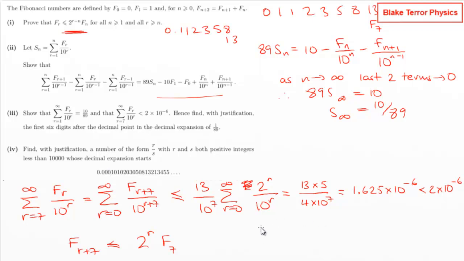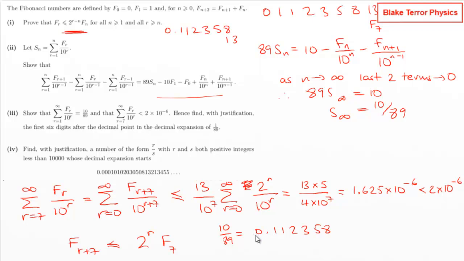So we've just worked out that, what have we just worked out? We worked out that 10 over 89 is equal to the going up to f6, so that's 0.112358.